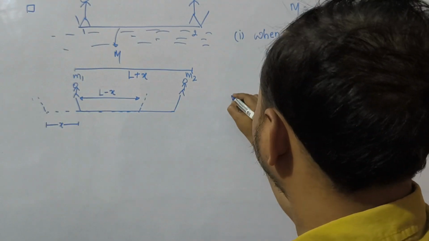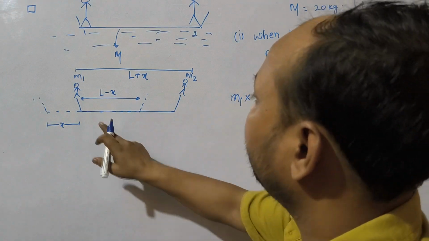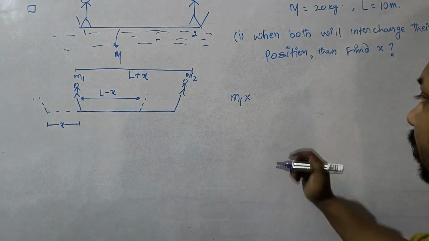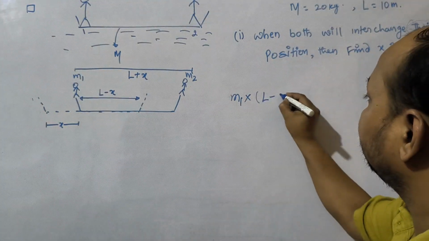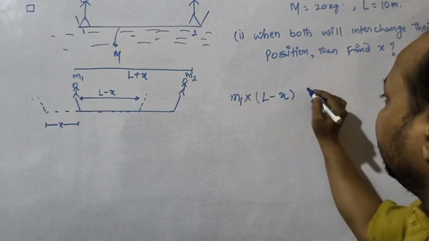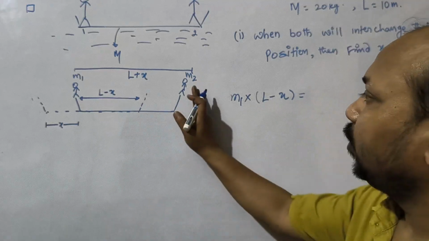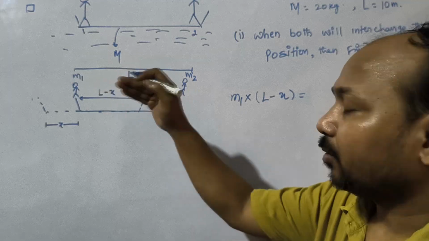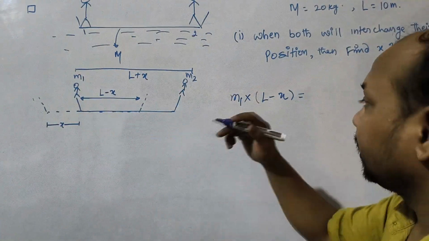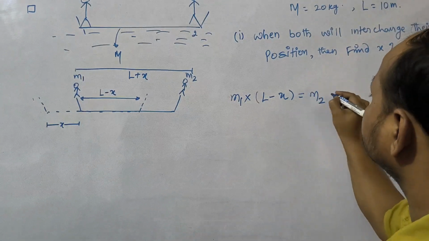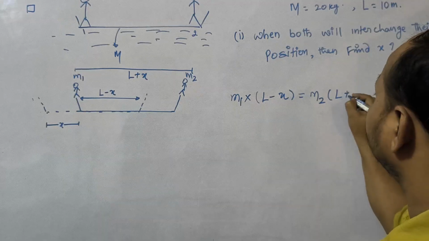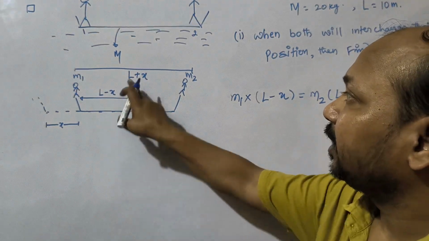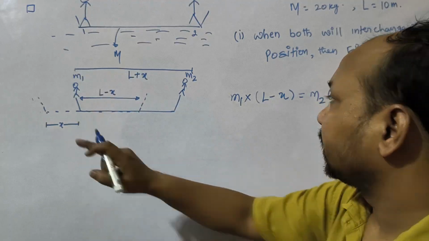M1 into L minus x, since M1 is moving in the rightward or forward direction, is equal to M2 into L plus x, because M2 is moving in the backward or leftward direction, plus the mass of the boat, capital M, into x.